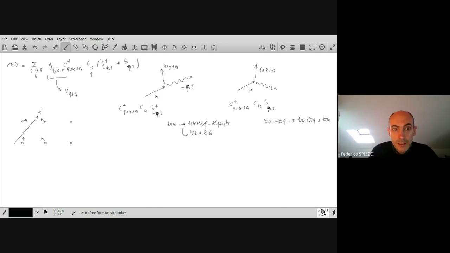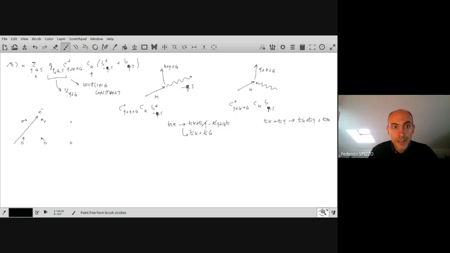So the fact that one electron may induce this kind of motion into the lattice is explained by the fact that we have V(q+G) within this coefficient g, and g is the coupling constant between electrons and phonons.